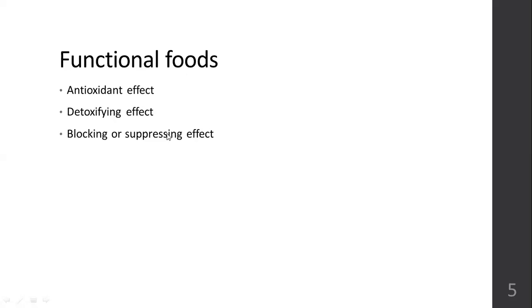They can block the activity of toxins and also bacteria or viruses. And if these toxins want to cause a mutation in your DNA, some foods and antioxidants can go and repair it as well. So that's the blocking and suppressing effect.